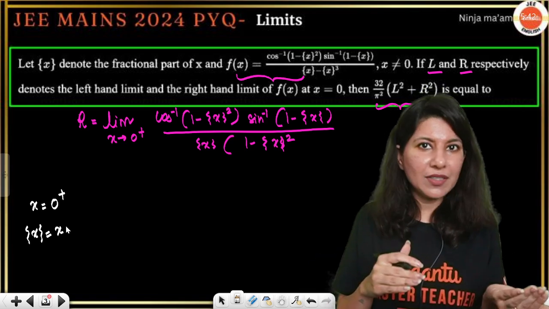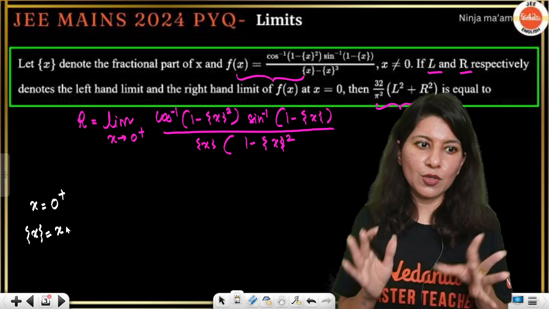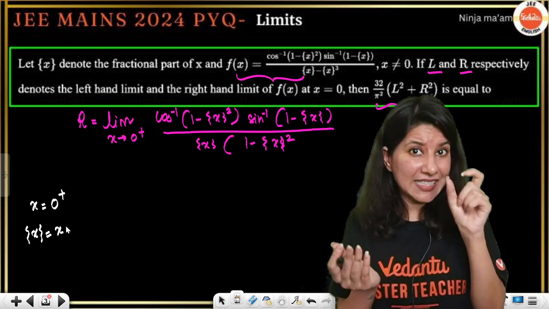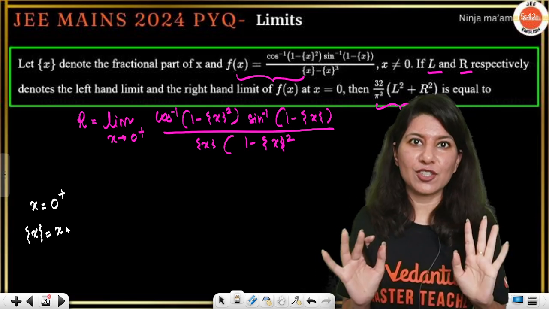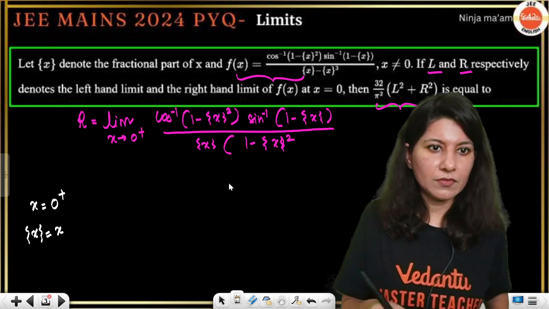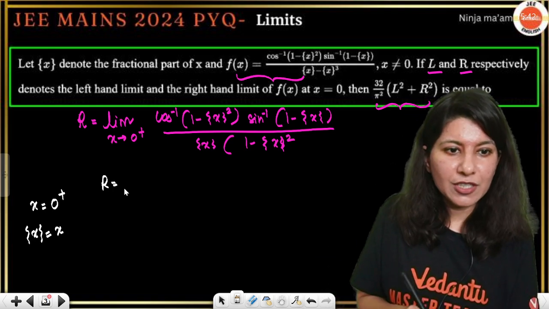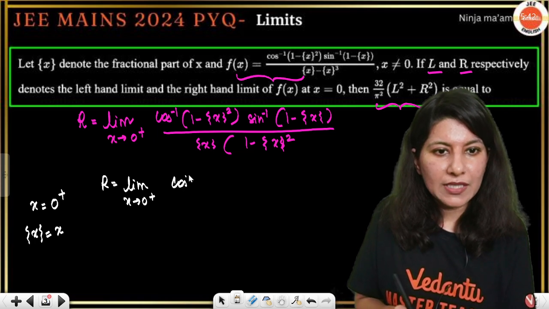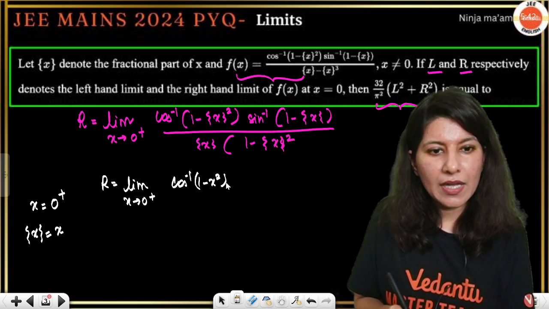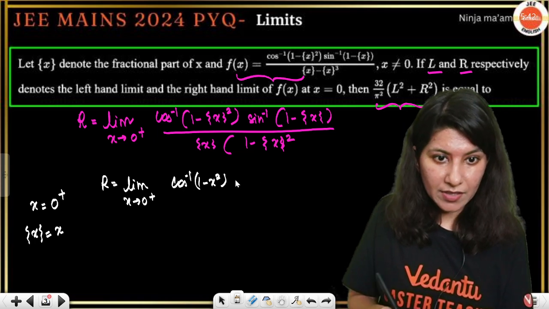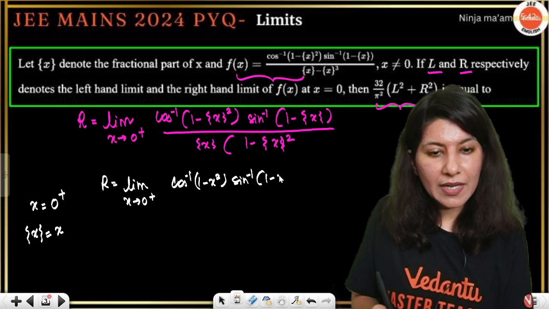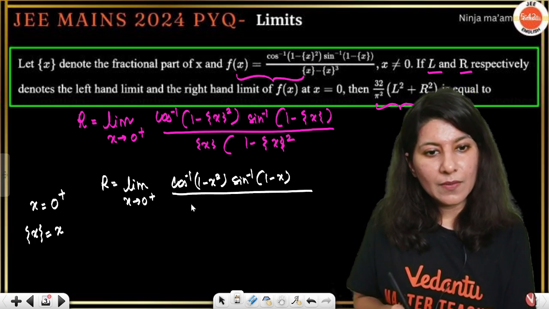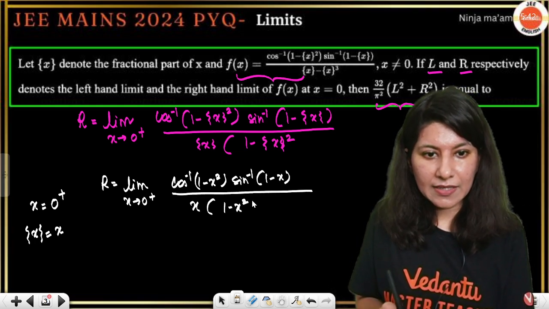Same, 0.3's fractional part will be 0.3 only. So fractional part of x will become x if your x is a fraction between 0 and 1. So clearly fractional part of x will be replaced by just simple x. So cos inverse of 1 minus x square, sine inverse of 1 minus x, upon x into 1 minus x square.